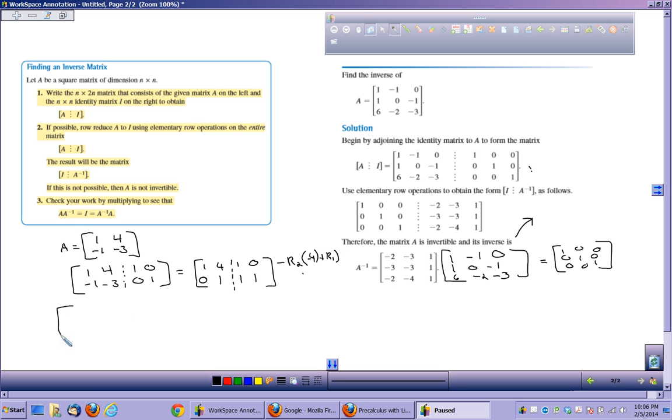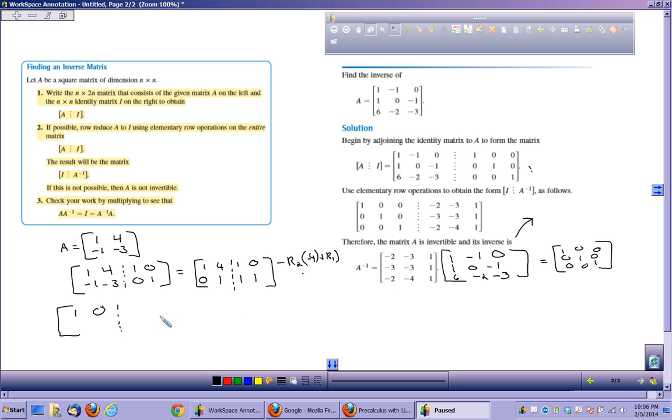I'm going to change this by multiplying this row by -4. So that times -4 gives me 0, and so this remains a 1. When I multiply this by -4, I get -4 plus 4, which gives me 0 over there.